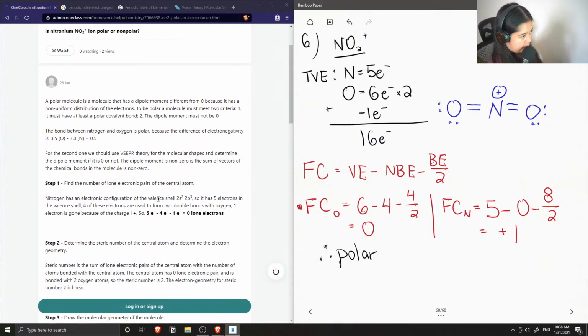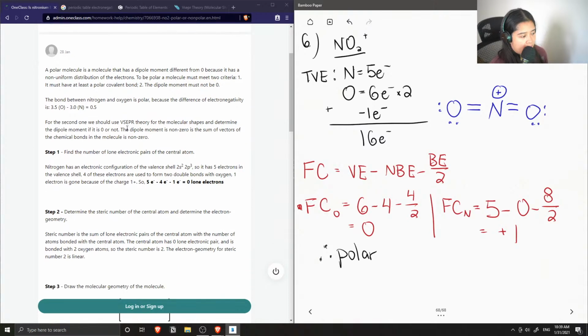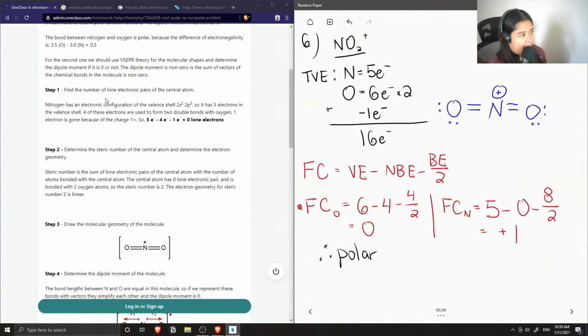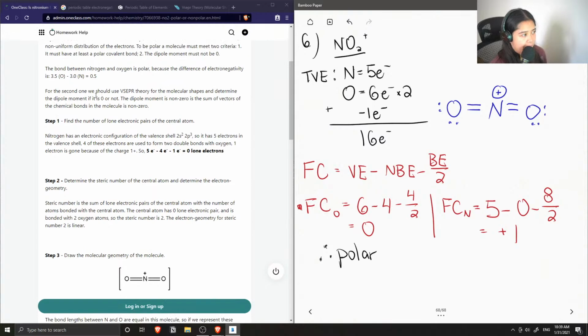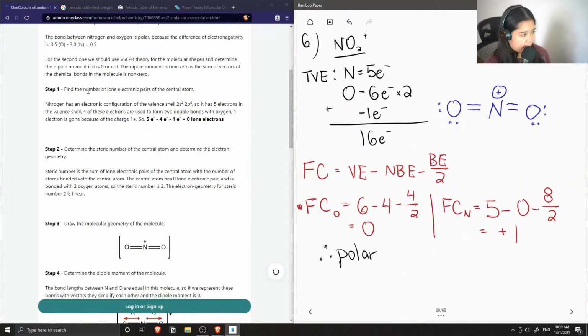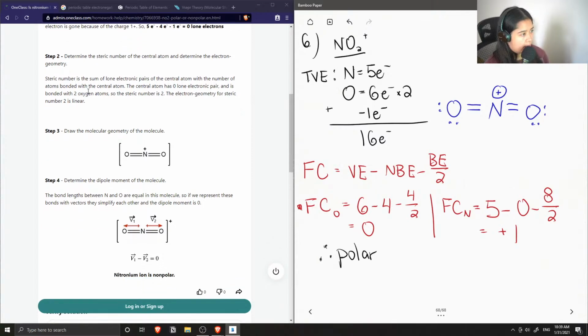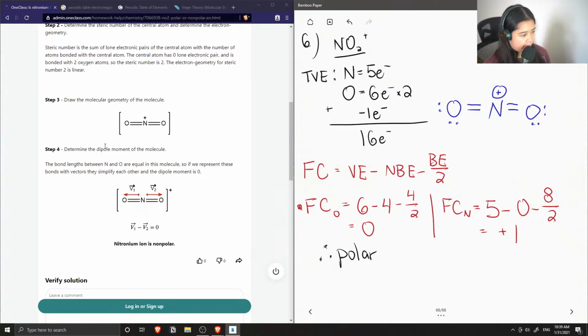Okay, so let's see what the junior tutor said. A polar molecule is a molecule that has a dipole moment different from 0 because it has a non-uniform distribution of electrons. They found the electronegativity difference to be polar because it has a value of 0.5. And they kind of showed out all their steps and determined the correct Lewis structure.